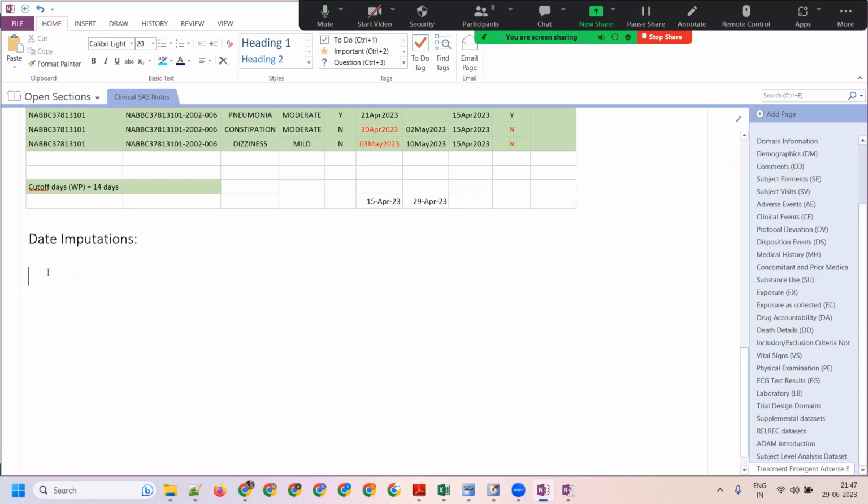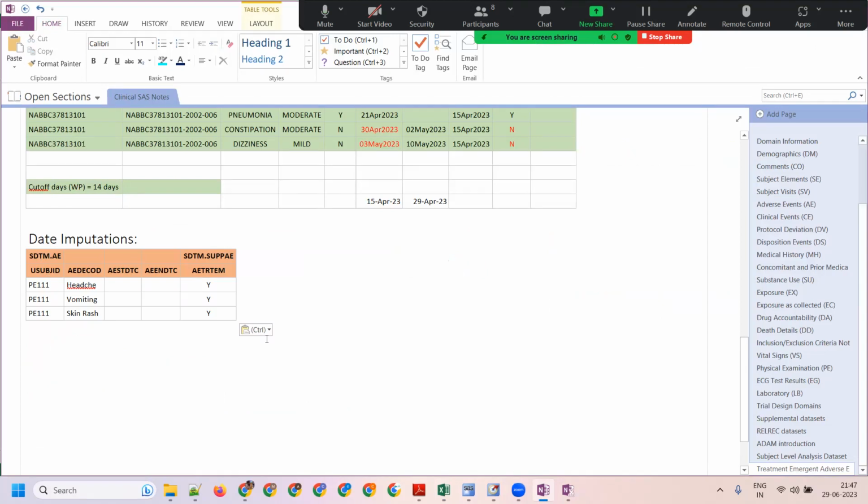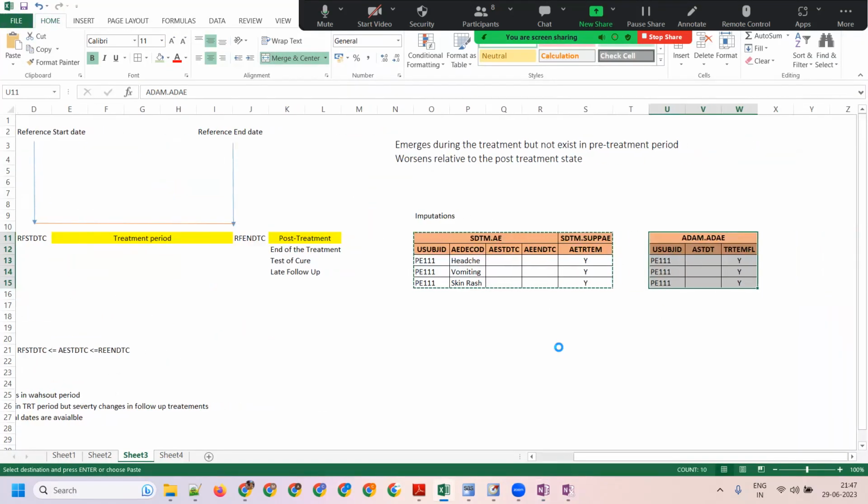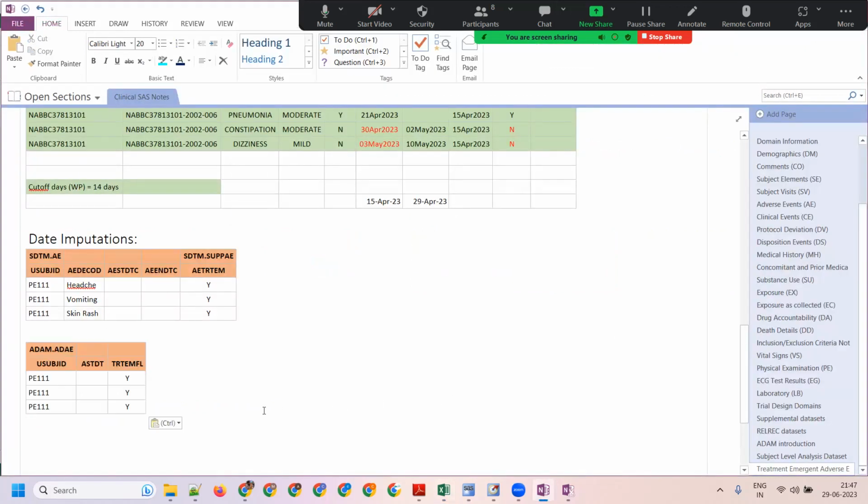So what do you mean by imputations or date calculations? How do you derive that? Meaning, let's take these two. Two different tables. This is SDTM. This is going to be the other one, which is nothing but what I can call add-ins.